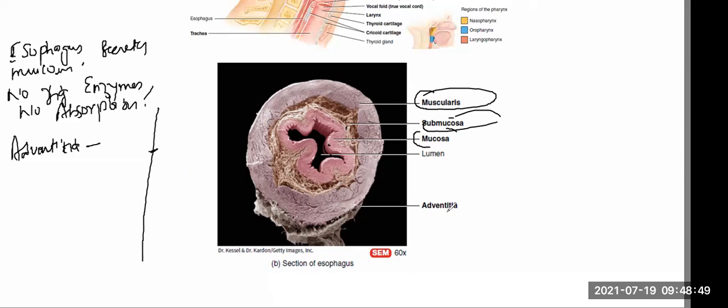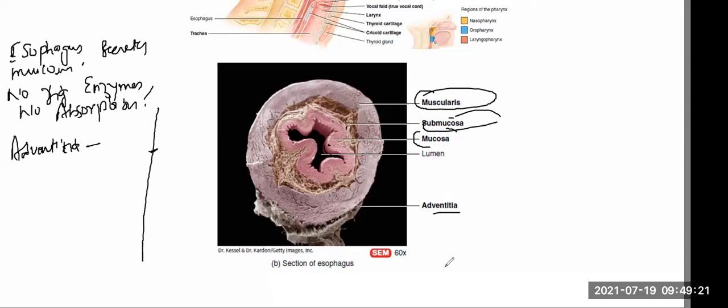Like it's labeled over here. We know that the outermost layer is mainly called serosa, right? We call it adventitia because the areolar connective tissue of this layer is not covered by mesothelium. And one important thing is that the connective tissue merges with the connective tissue of the surrounding structures of the mediastinum through which it passes, right? So this adventitia helps the esophagus attach to the surrounding structures.